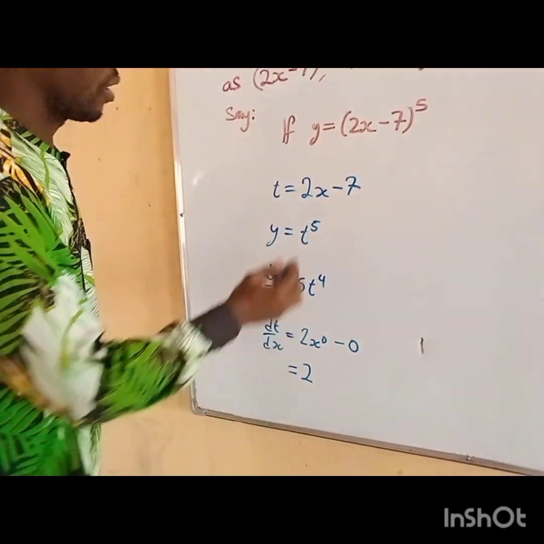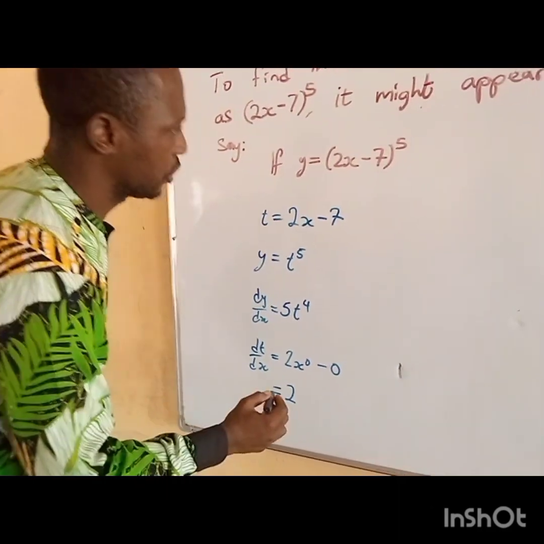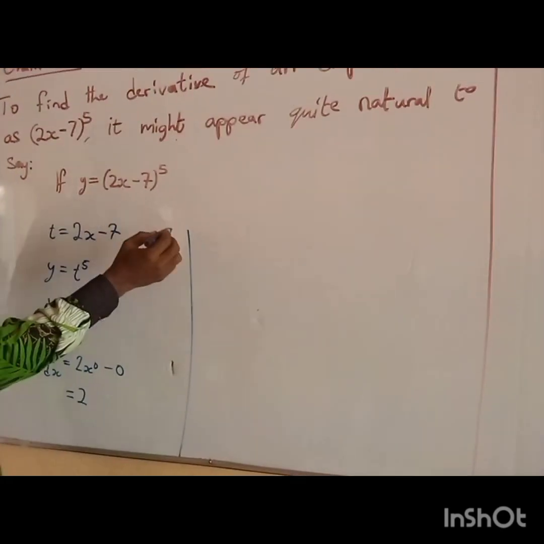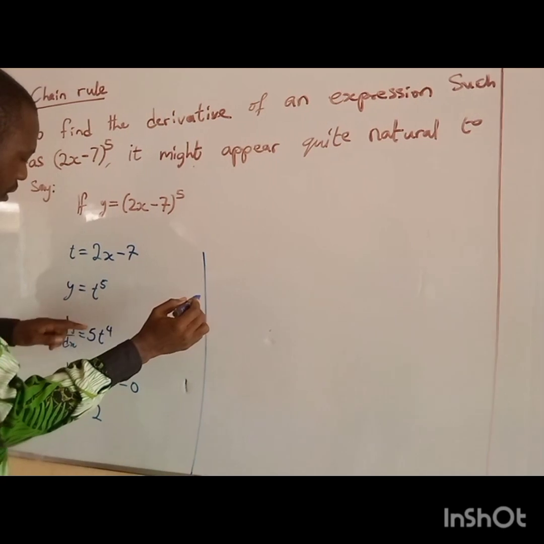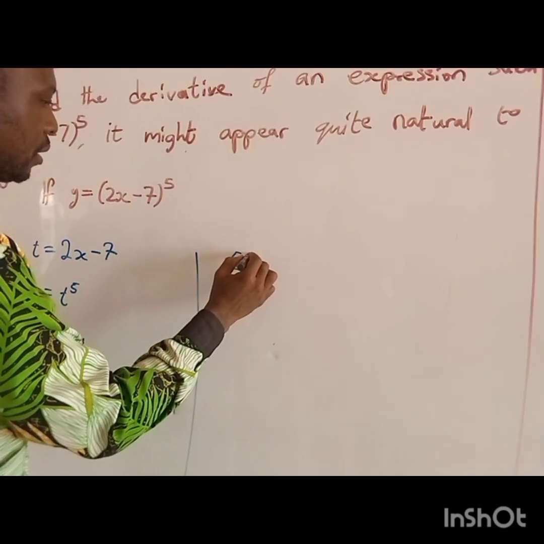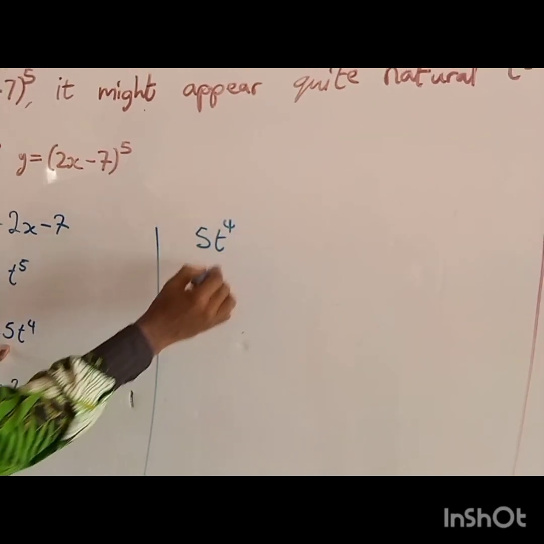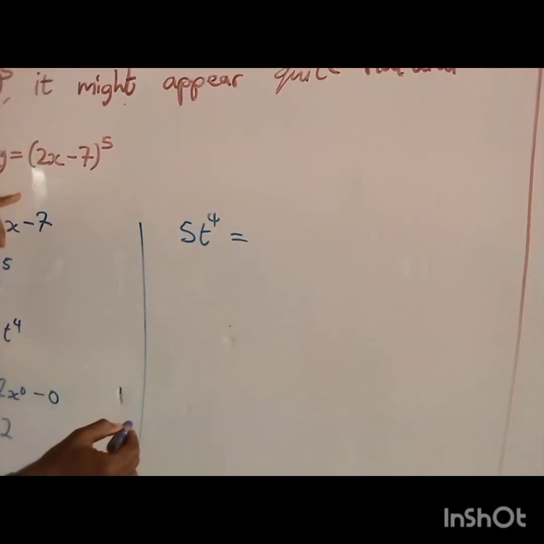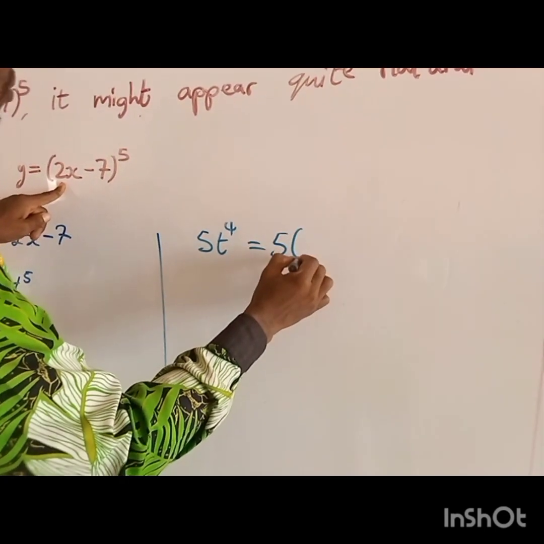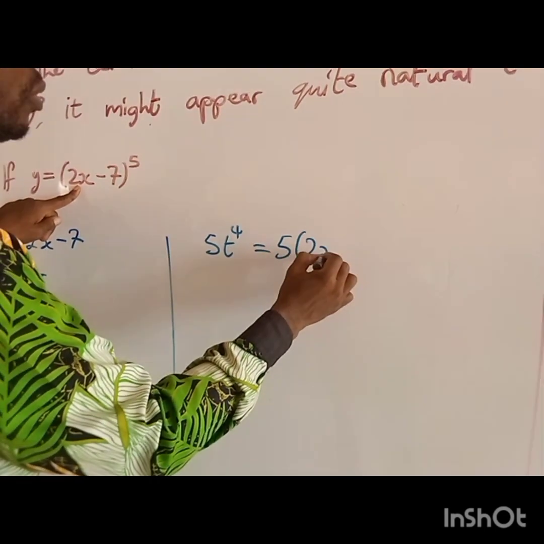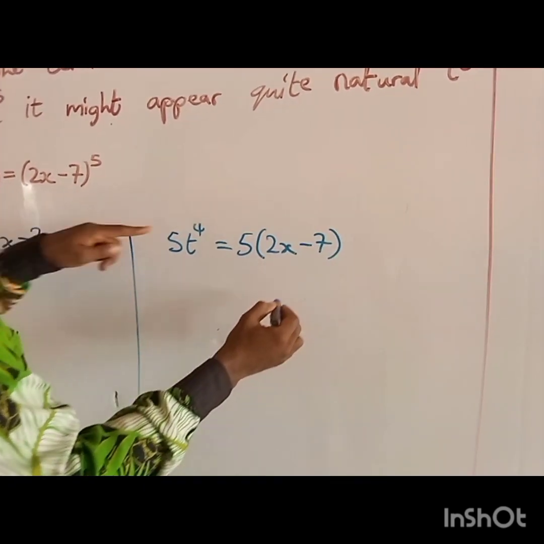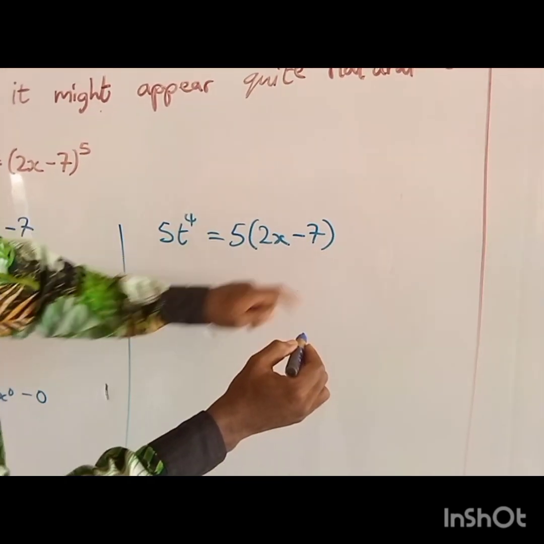Then going back to our equation, dy/dt, which is 5t raised to the power 4, will now be equal to 5 open bracket 2x - 7 raised to the power 4, since t is this bracket.